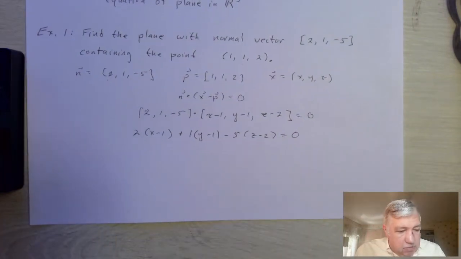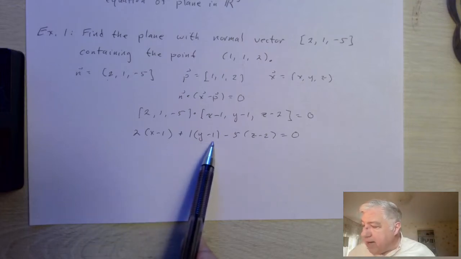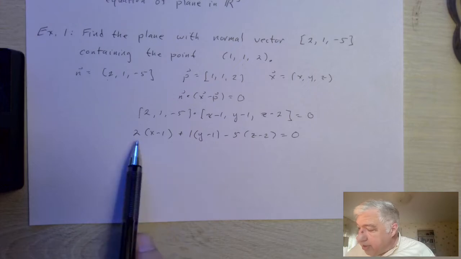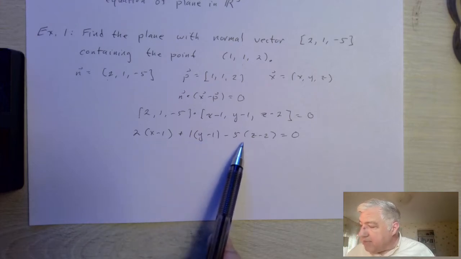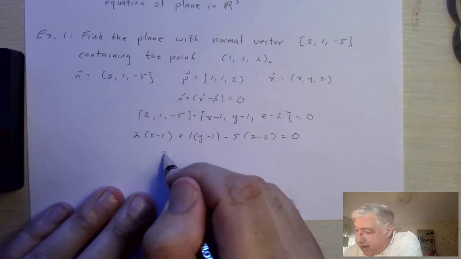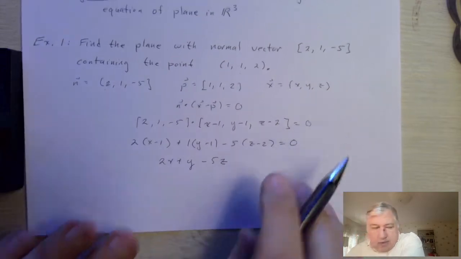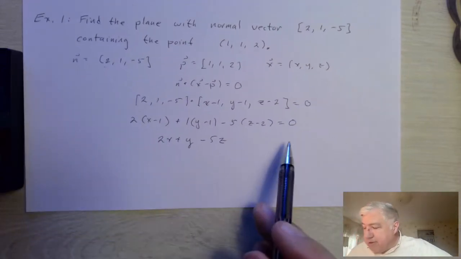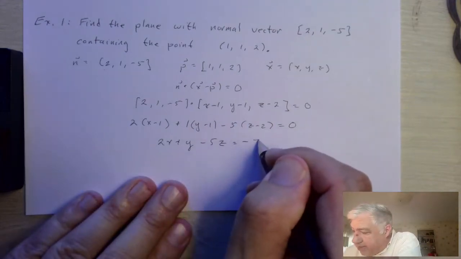And you can multiply things out again. This will be 2x minus 2, y minus 1, minus 5z plus 10. So you'll have 2x plus y minus 5z plus 7 equals 0, and you could subtract 7 from both sides, and you get minus 7.